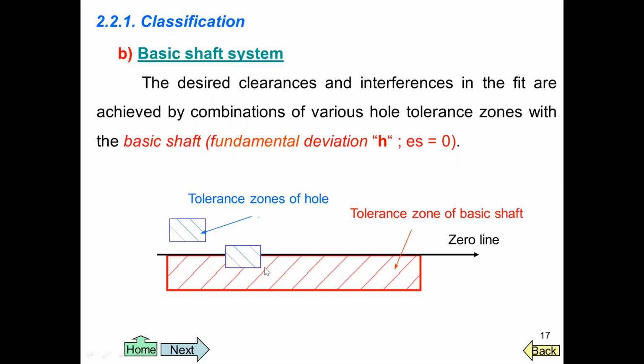If you choose the tolerance zone of the hole like this, you have a transition fit. Also a transition fit, because two tolerance zones are overlapped. And if the tolerance zone of the hole is below the tolerance zone of the shaft, you have an interference fit.